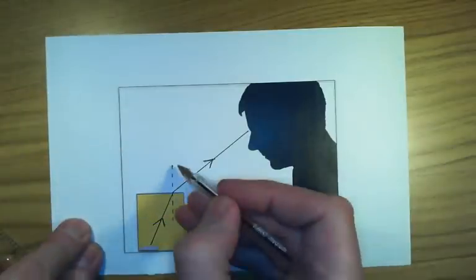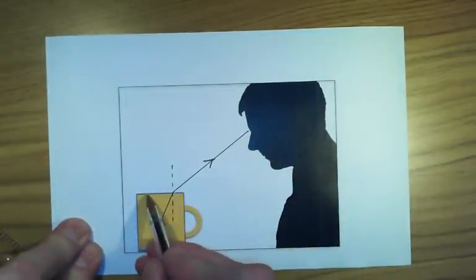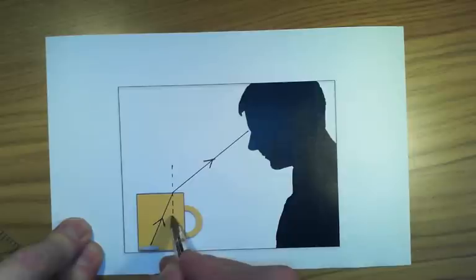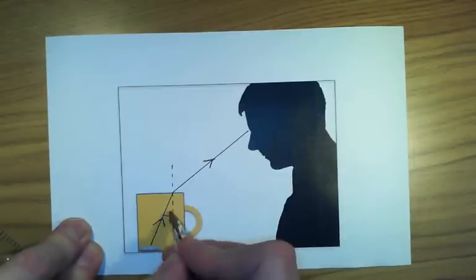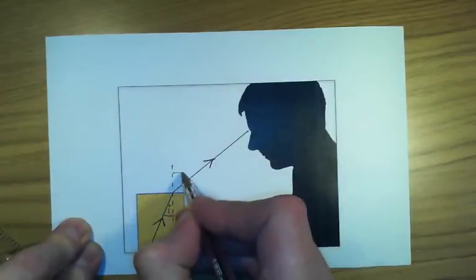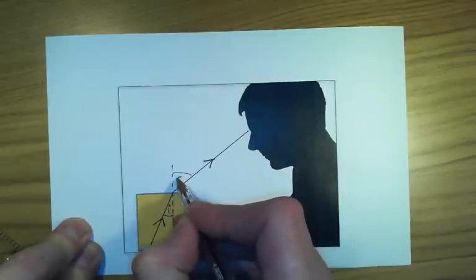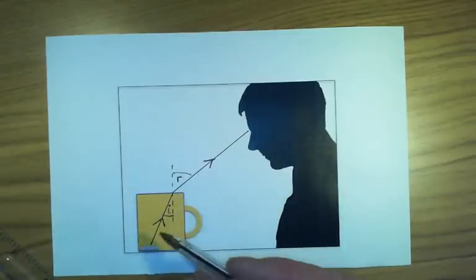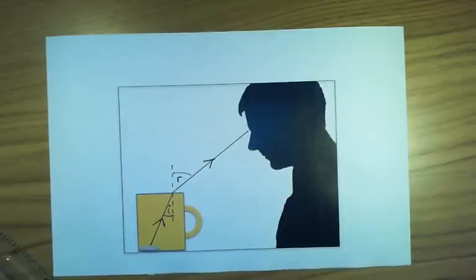We always draw this normal line at 90 degrees to this surface, and we measure the angles from the normal. So in that case, this angle here would be the angle of incidence, and since it's going from water to air, the angle of refraction would be larger than that. As I said, we don't need to know exactly what these two angles are. That would be higher physics.